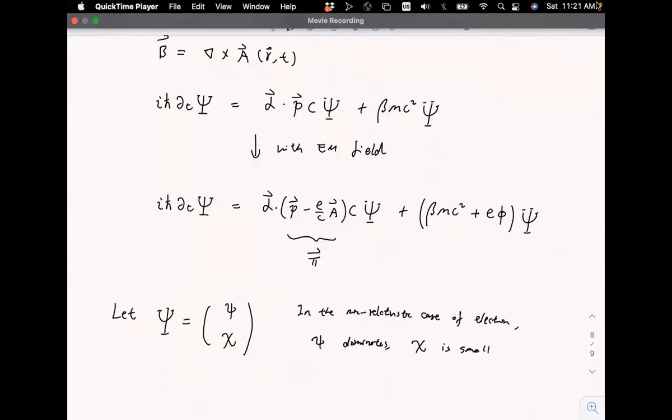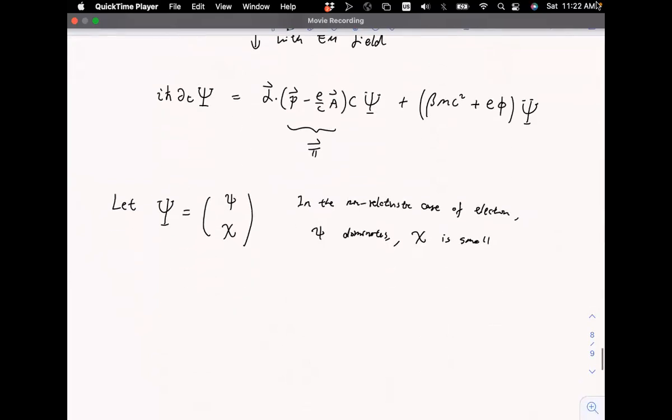Why? Because the chi part is positron, and the phi part is electron. So you expect this will be big and this will be small. If something is small, then you can expand them out and then only focus on the electron side. But this expansion on the small part will give you the result, and we'll show you some non-trivial properties.